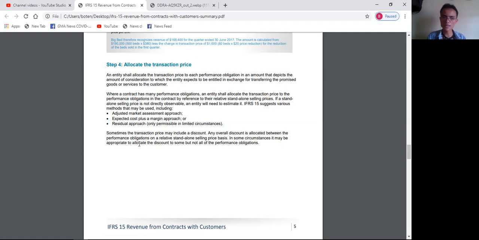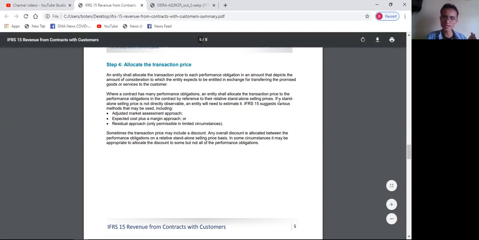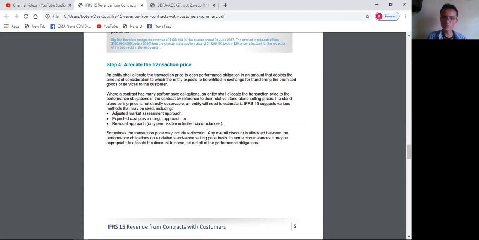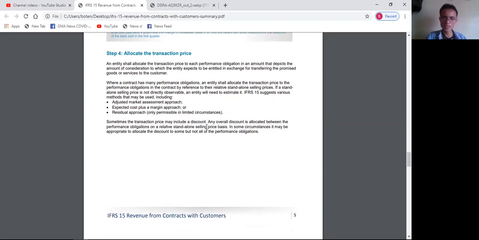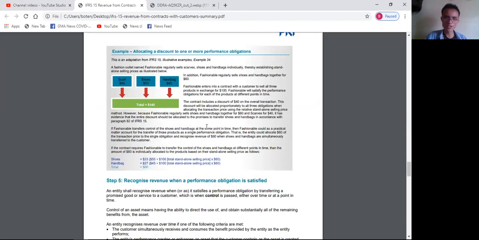How come? When we allocate the transaction price, it's possible that the amounts would not be the same as their separate or relative standalone selling prices. In that case, the difference would be a discount. So let's do that in an illustration.